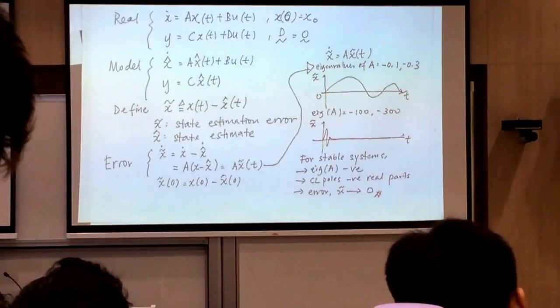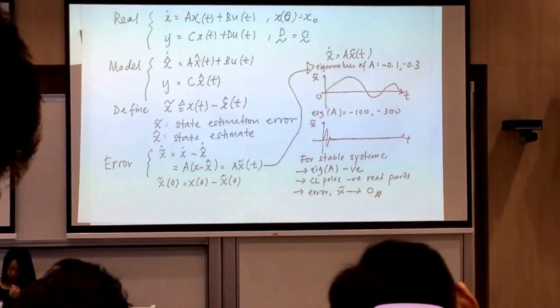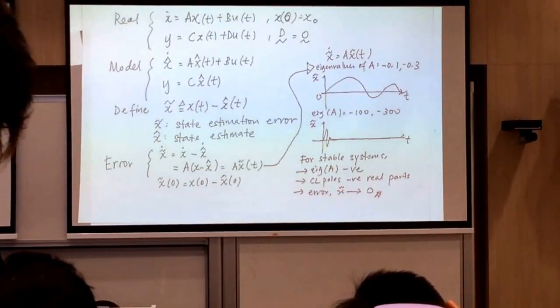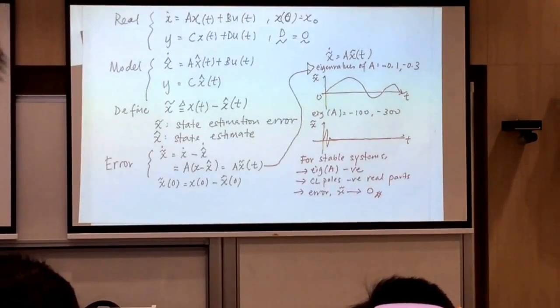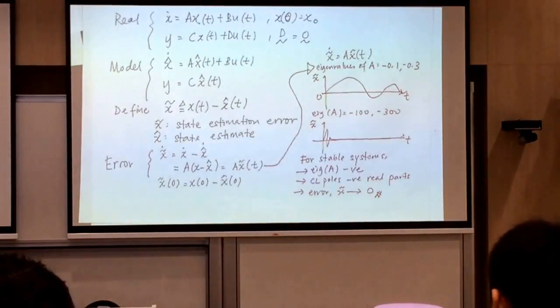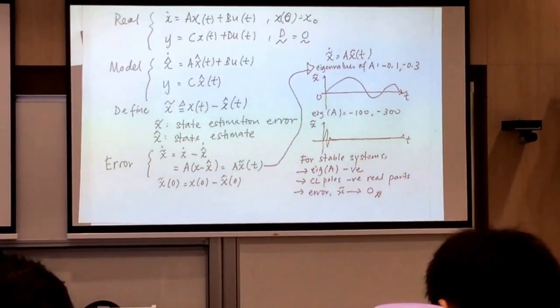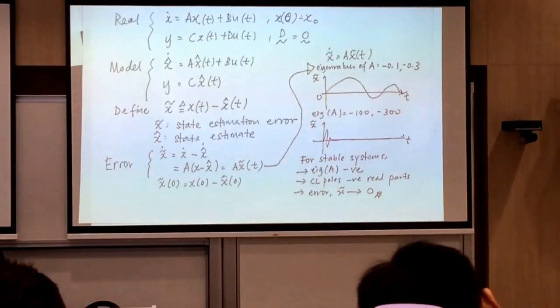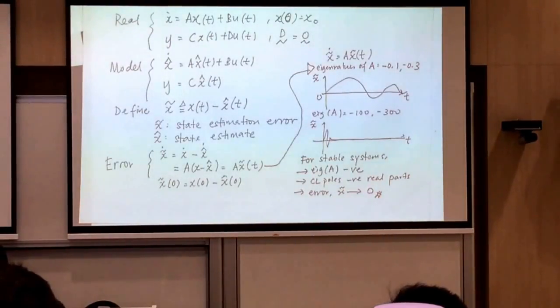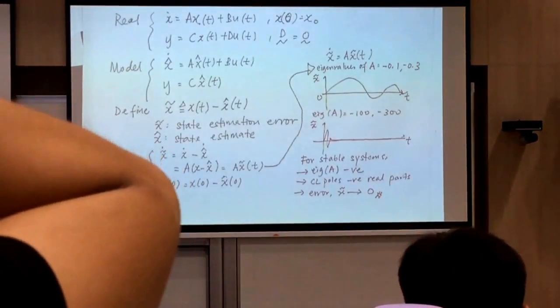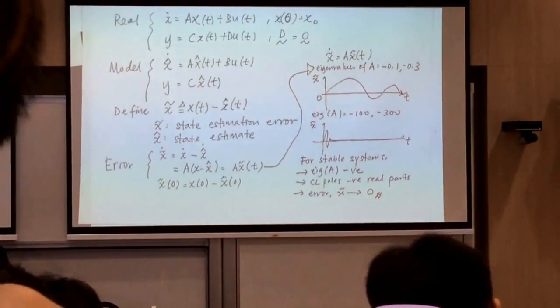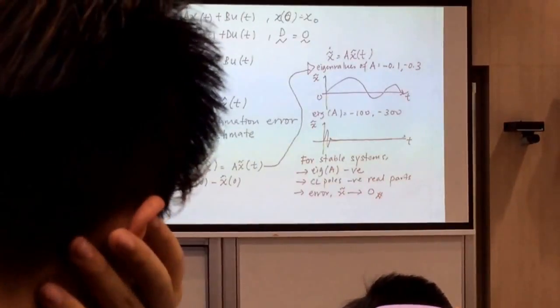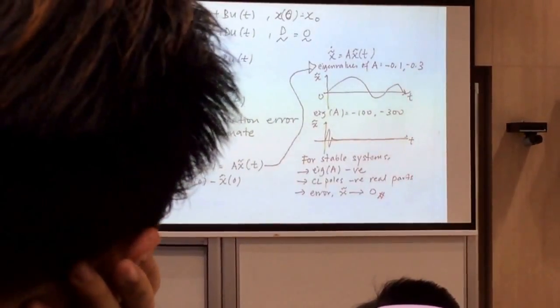So this is the main idea. If you want your model, the estimator, to follow the real system, you must make sure the error goes to 0. Once the error tends to 0, your estimator model and the estimated output y hat are no different from the real ones. That's the main idea for designing our estimators.